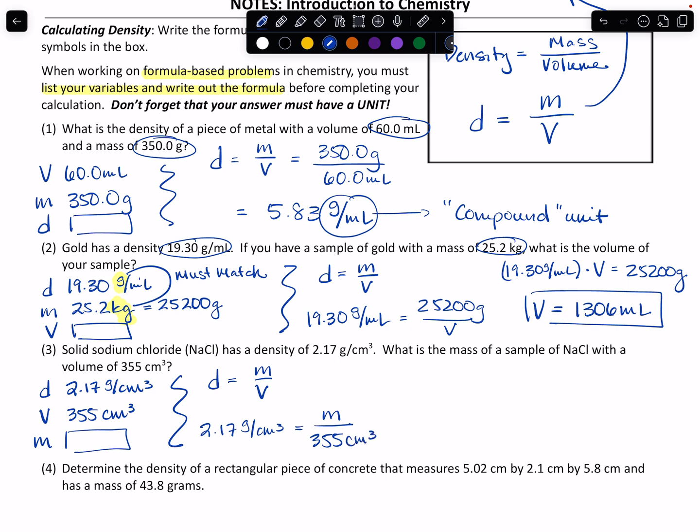So we're going to multiply both sides by 355. So we have 2.17 grams per centimeter cubed times 355 centimeters cubed equals the mass of our object. So we plug that into our calculator and we find that we have a substance with a mass of 770 grams.